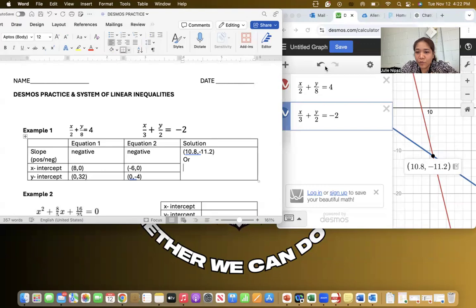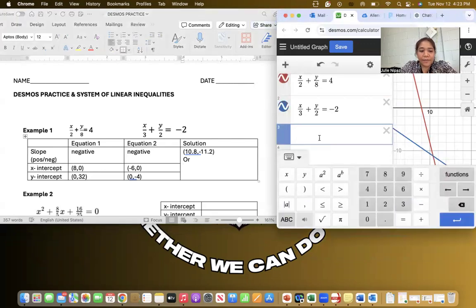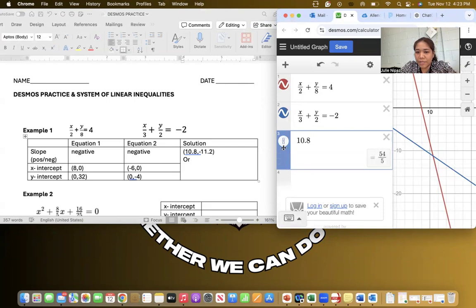So you also have to know how to use your Desmos graphing calculator so that for 10.8, when I want to look at the fraction of it, just click this part, and it will now be 54 over 5.